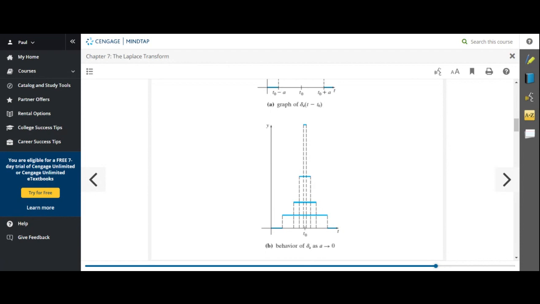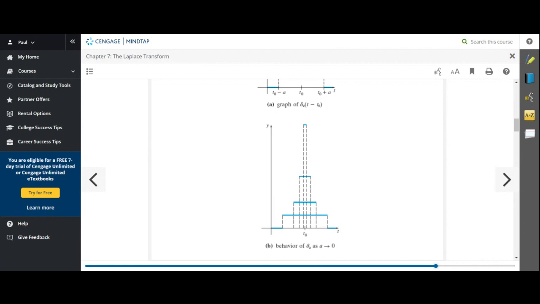We're trying to model, say, a jolt of electricity that occurs almost instantaneously, over a very short time interval. If we let a get smaller and smaller, you're going to see an impulse that resembles a spike.